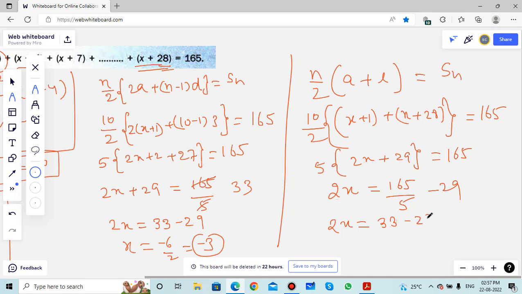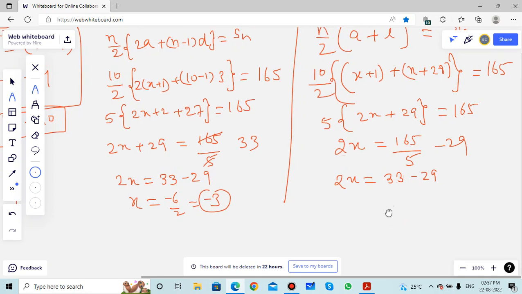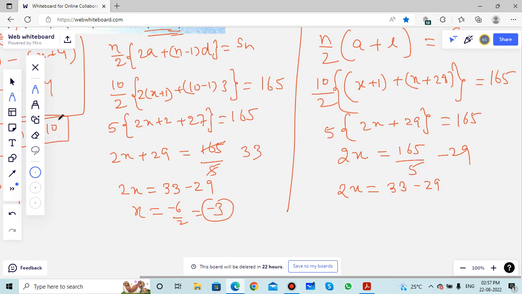33 minus 29. I don't know what I was doing here. See, I made a mistake in the beginning. Calculation is a problem. I was not wrong. 33 minus 29 is 4. Oh, you were right. And this 2, x is equal to 2 is an answer here.